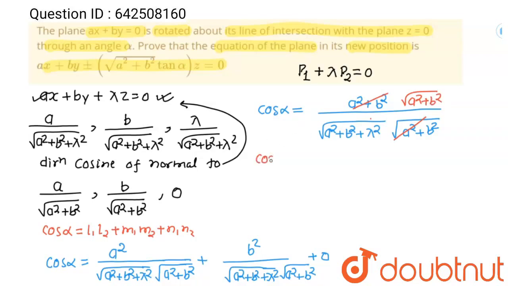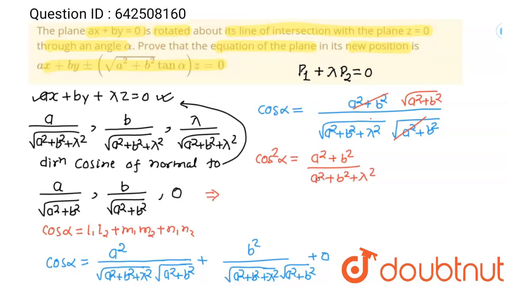So we will get cos square alpha equals a square plus b square upon a square plus b square plus lambda square. Now I am going to cross multiply.